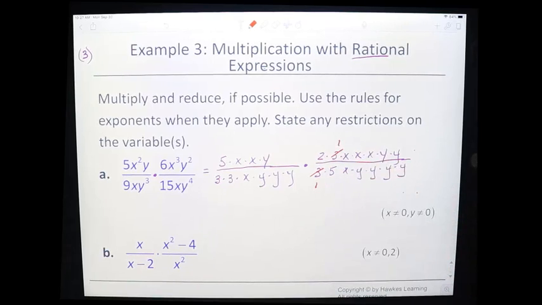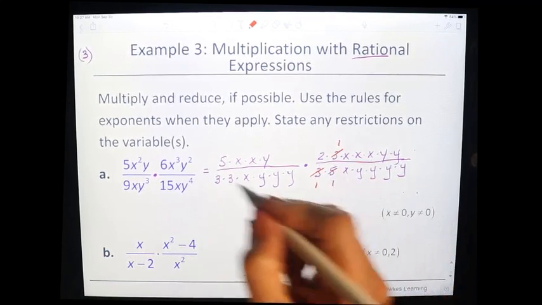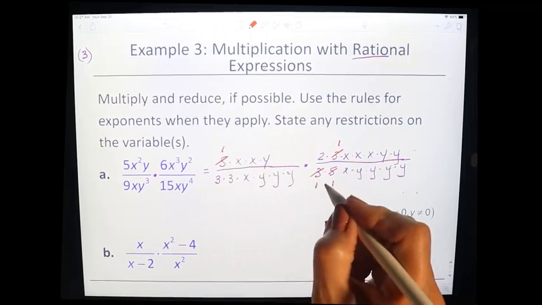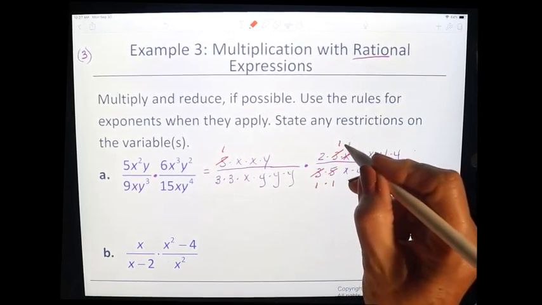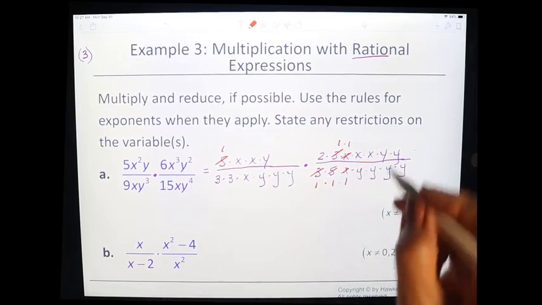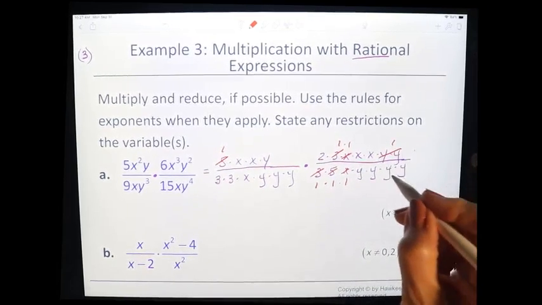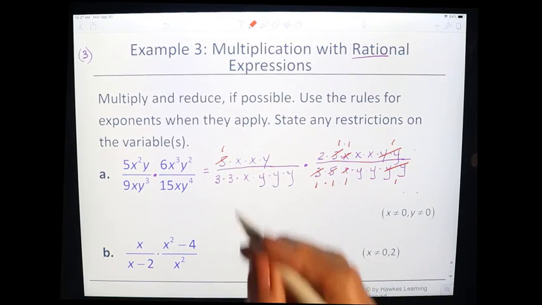So the first thing I note is that 3 over 3. Here's a 5 in this denominator and a 5 in that denominator that I can cancel out. Let's take out this common x here with the common x down there. I can take a couple of factors of y up here with a couple of factors of y down there.